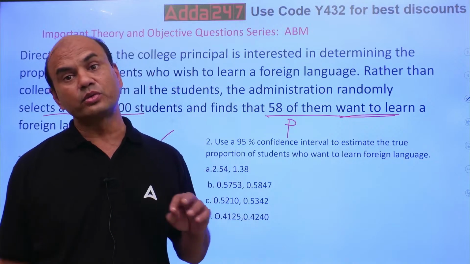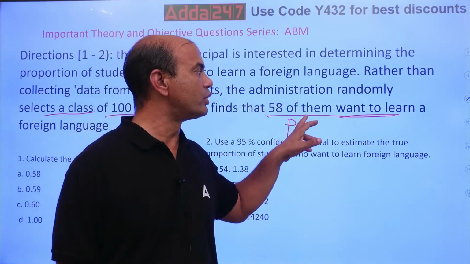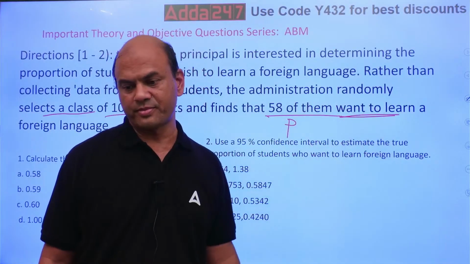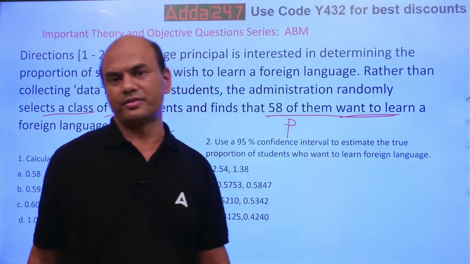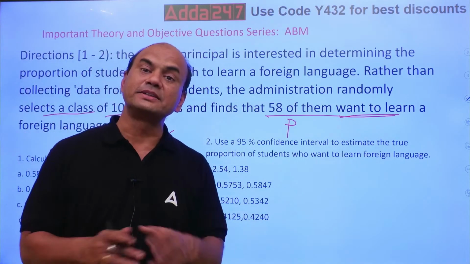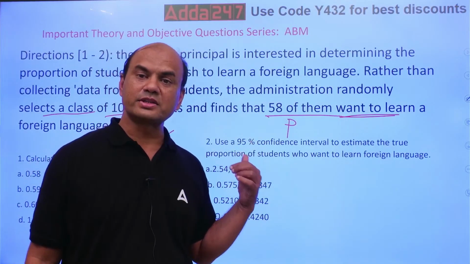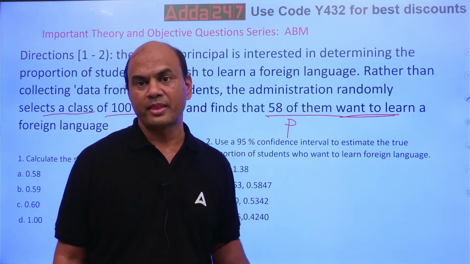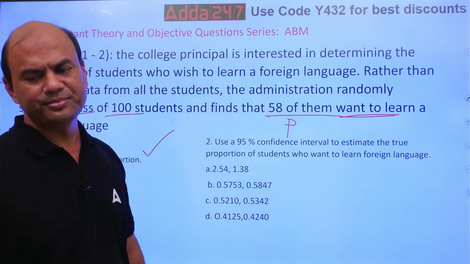Now, if they had asked who doesn't want to learn, if the question had been that 58 of them do not want to learn, then the success would have been who do not want to learn. So success doesn't depend on what you think. Passing is success? No. What is required in the question is success. And importantly, how many results are possible here?